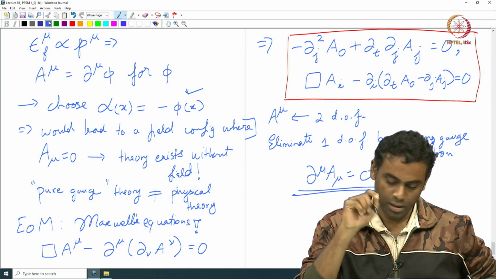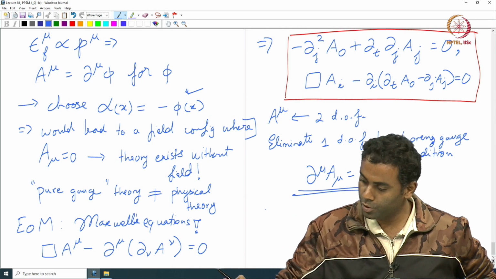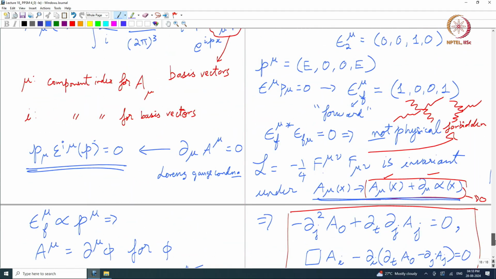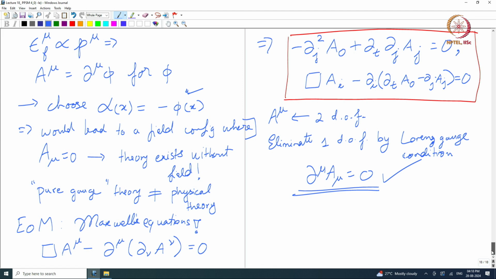The trick is, remember that you have freedom in your gauge, right? You can pick alpha x to be whatever you want, correct? So the trick then is to fix the gauge. That is why I am writing this in capital letters. This is a very, very important trick to make field theory and particle physics talk to each other.